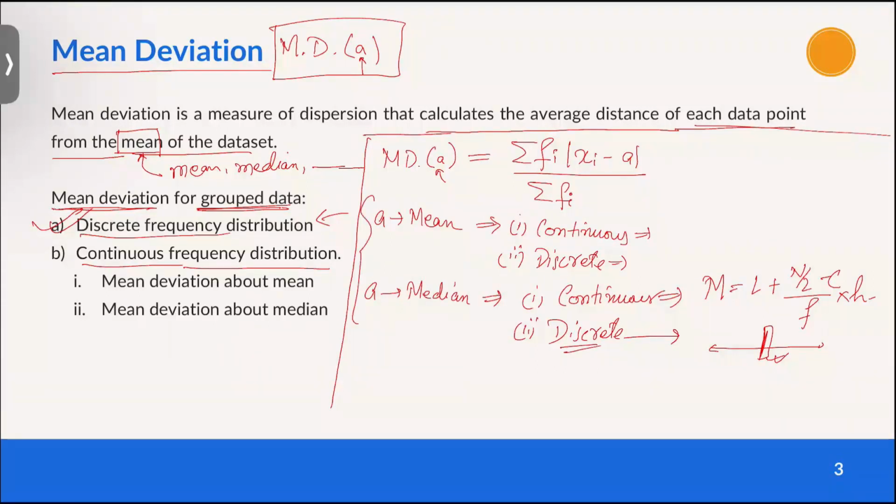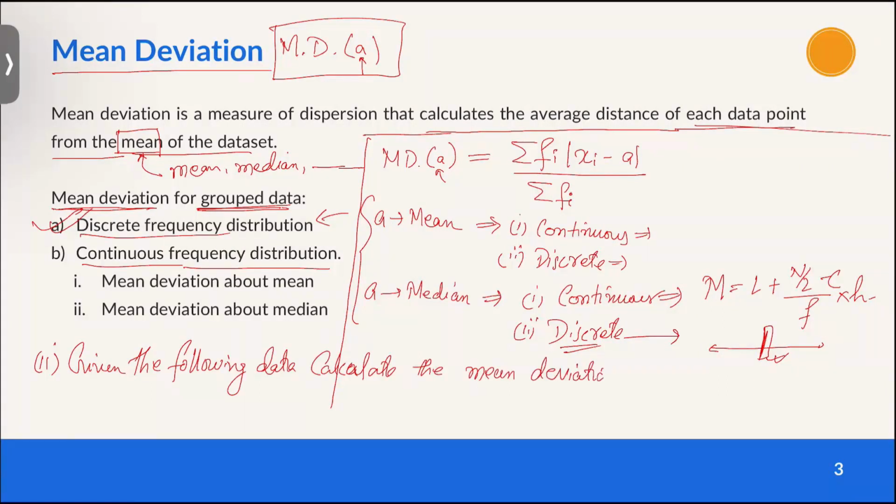So for these two values, we generally calculate the mean deviation. You can have any other value. So suppose you have a question: given the following data, calculate the mean deviation about the value 40.